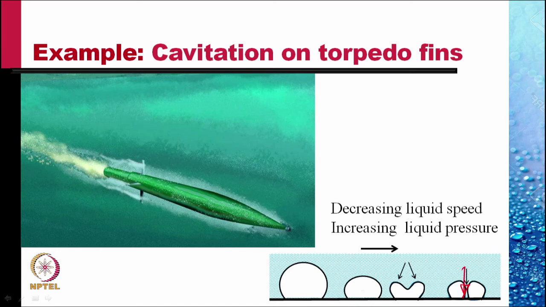This jet can cause erosion and pitting on the surfaces of the fin, which will decrease the control of the vehicle. So we need to avoid cavitation.